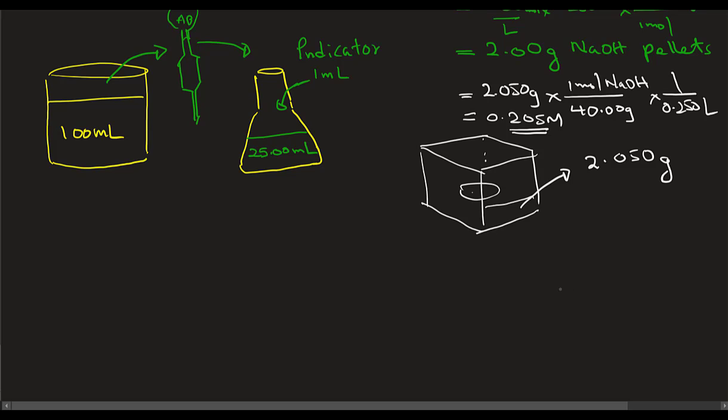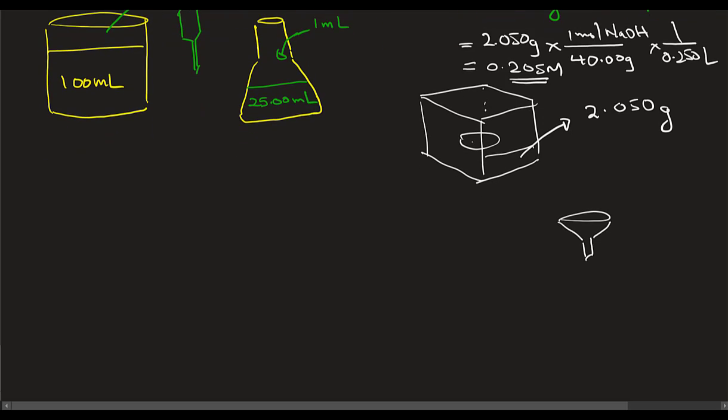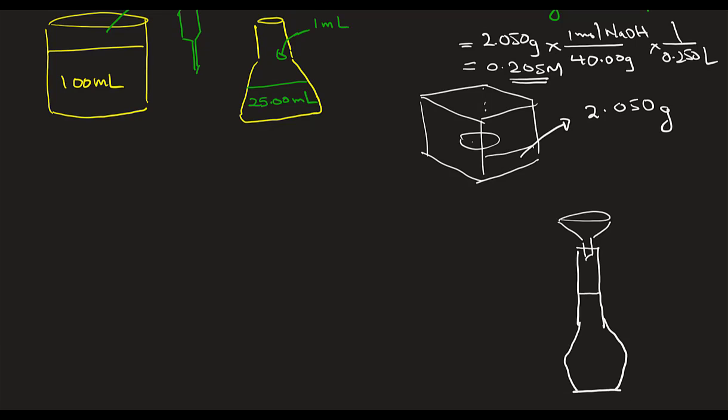Now we're going to make it. How do we make it? We take a 250 milliliter volumetric flask and put a funnel on it. This flask has a 250 milliliter mark.